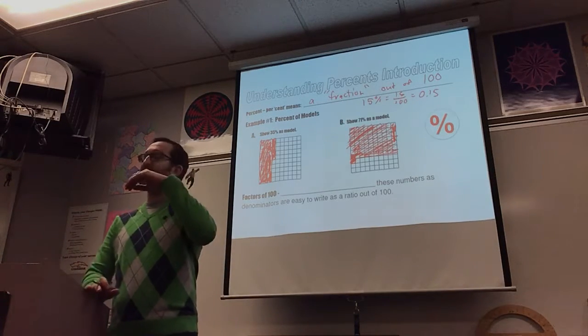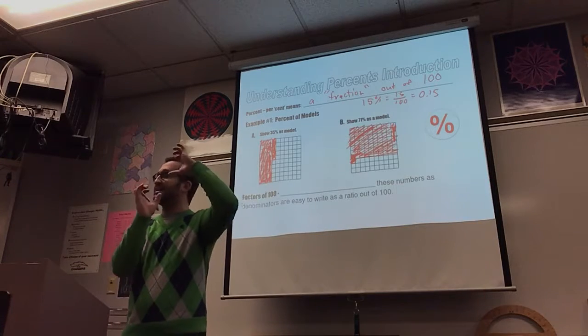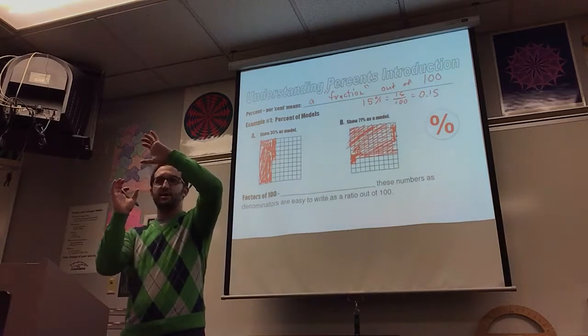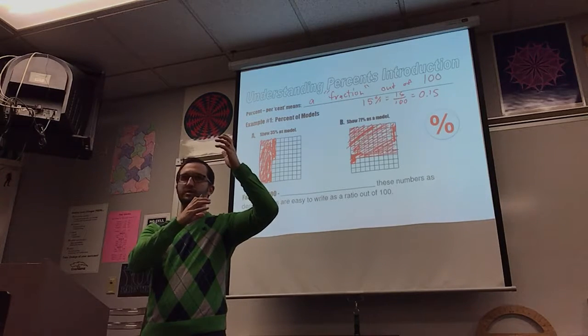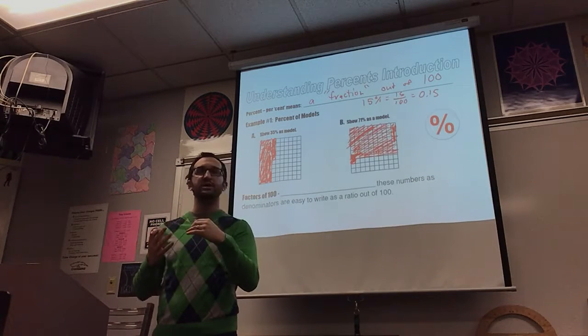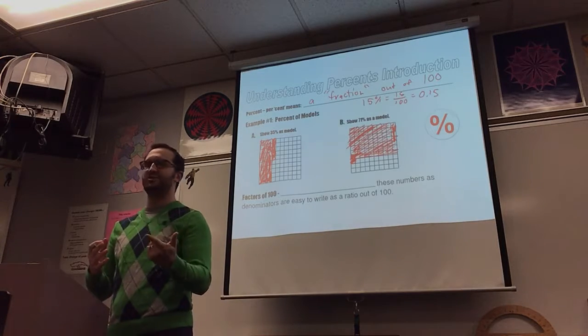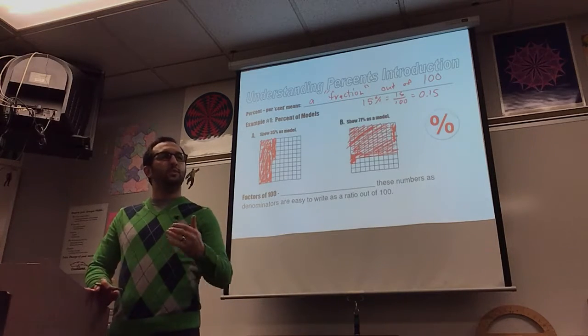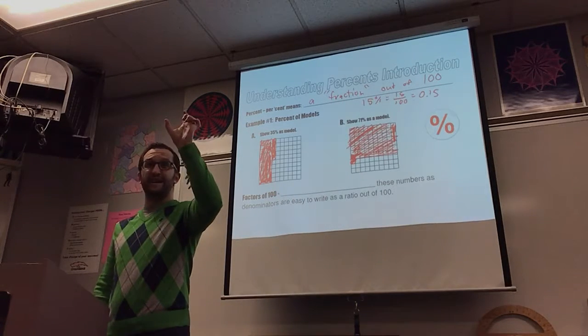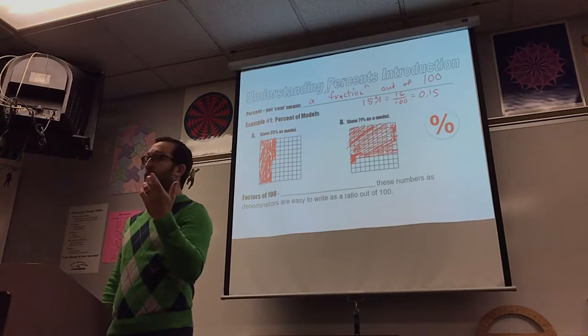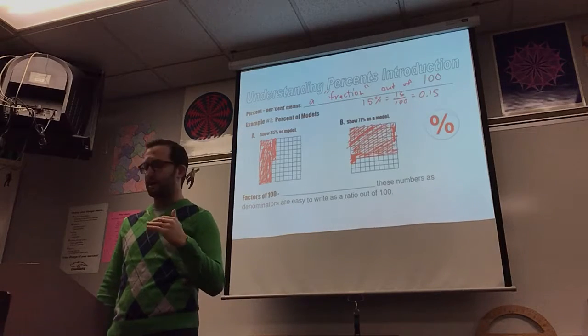Well, because 5 is a factor of 100, I could easily scale 2/5 up to 100 by multiplying the top and the bottom by 20. Why? Because 5 and 20 is a factor pair for 100. So when we're working with percents, knowing the factor pairs of 100 is really, really helpful for scaling things up and scaling things down.